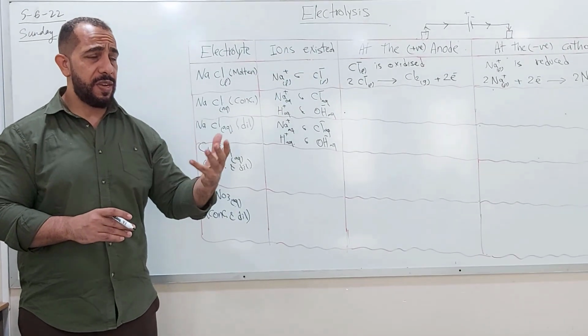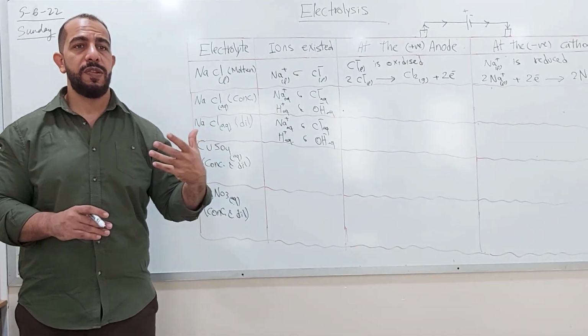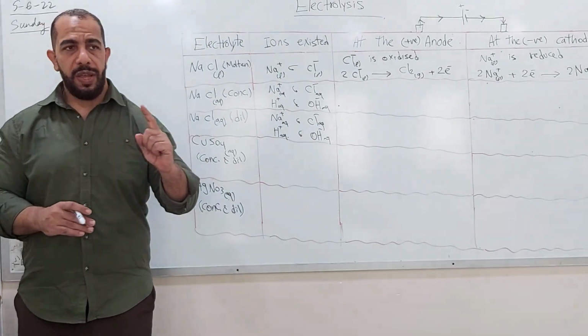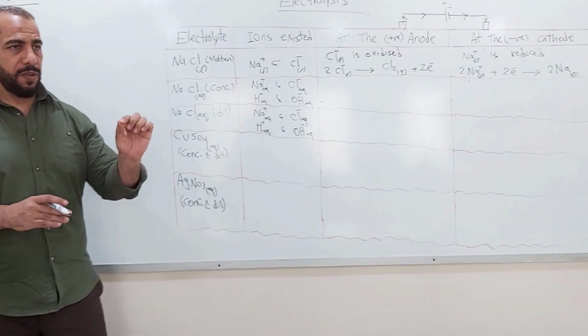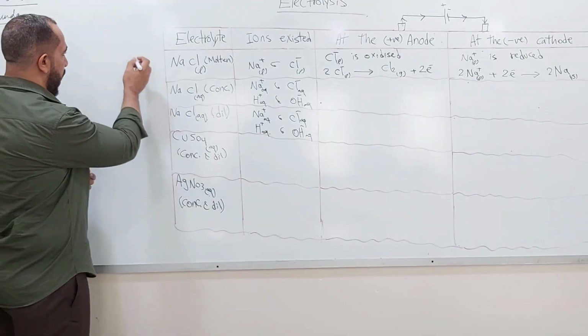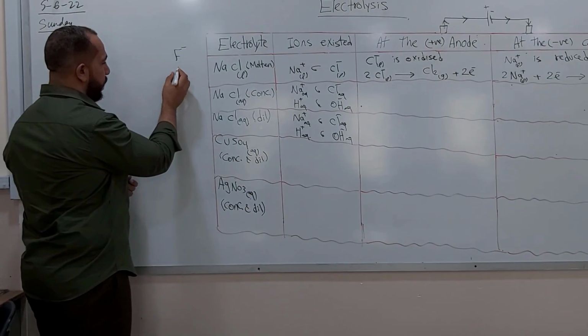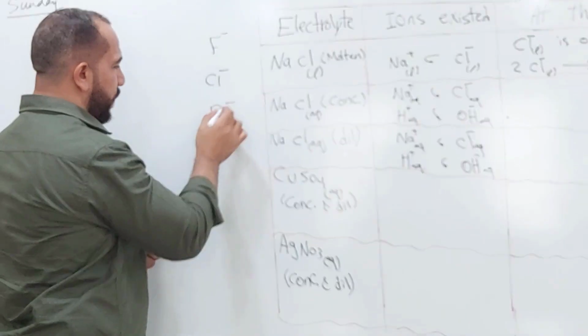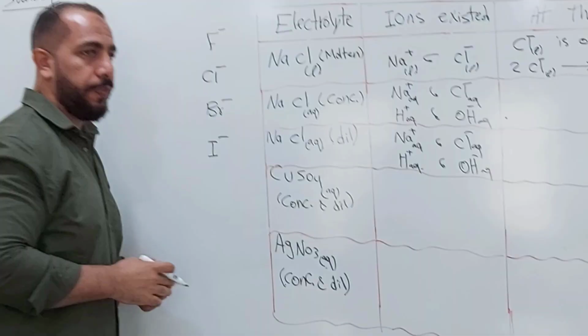When they form amines, guys, it's called the amines of halogens. It's called halide. So in case you have a halide, here we refer to F minus, or Cl minus, or Br minus, or I minus.